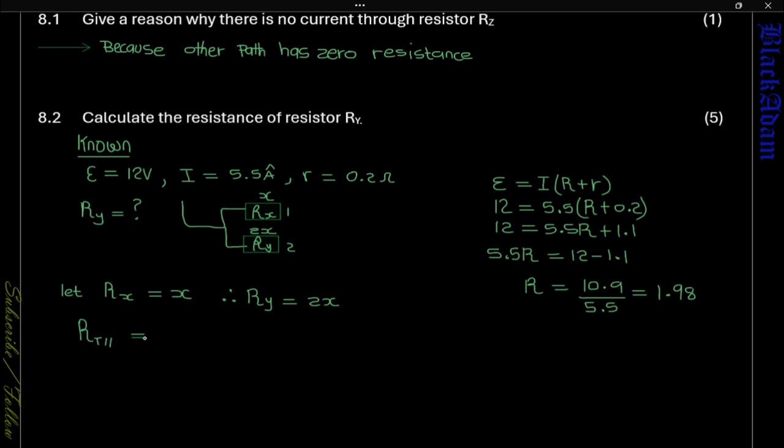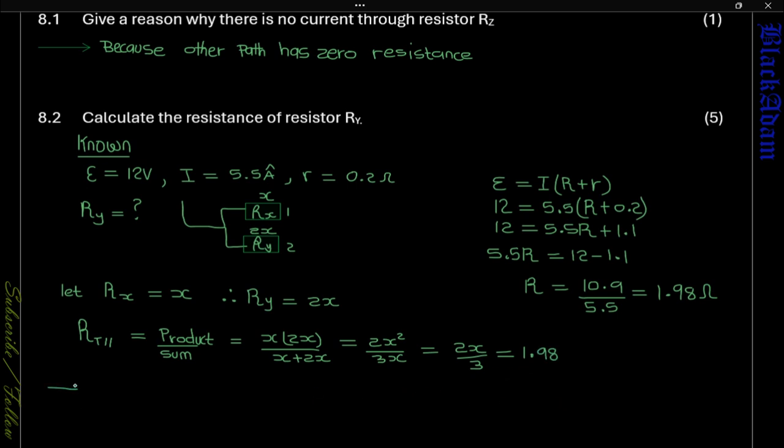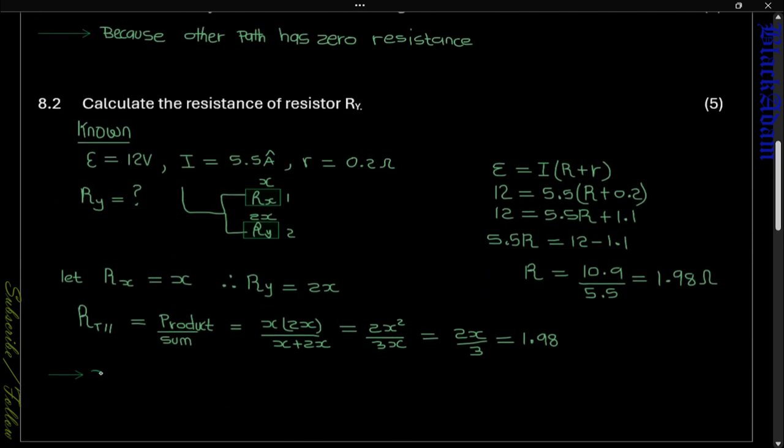Then we know that the total parallel resistance is product over sum. So that is x times 2x over x plus 2x. x times 2x gives us 2x squared, and x plus 2x is 3x. Simplifying further gives us 2x over 3, and that is equivalent to the 1.98 total resistance calculated previously.